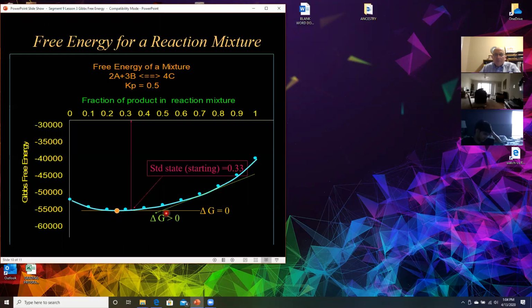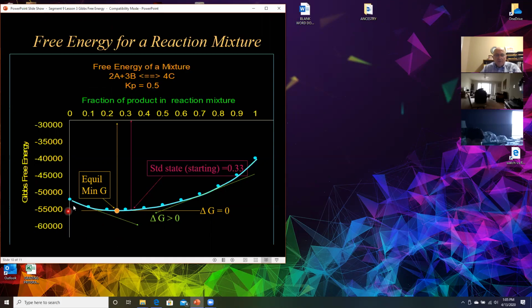And so delta G is going to be 0 at equilibrium. Notice I am using the delta G without the superscript. That's intentional. We're not talking about the standard state value. That's this point right here that I'm highlighting now. That was the standard state value, delta G superscript, was at that place. This now is where equilibrium is really going to occur, where the free energy is at its minimum.